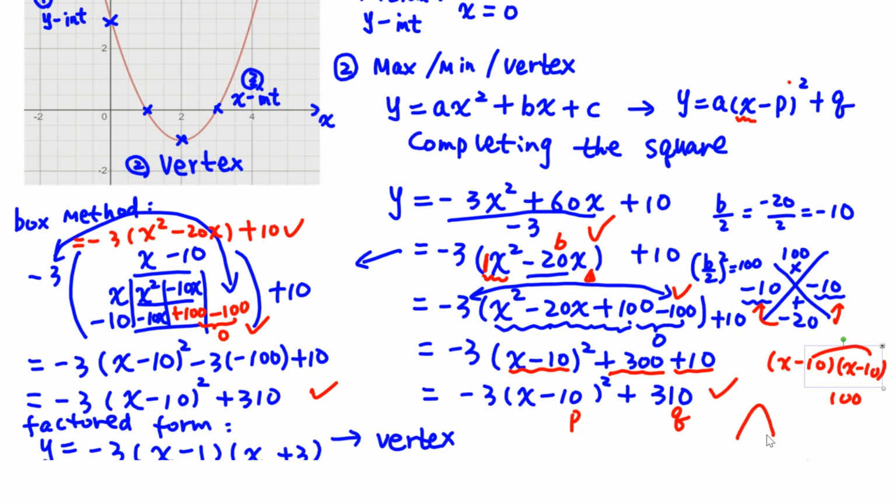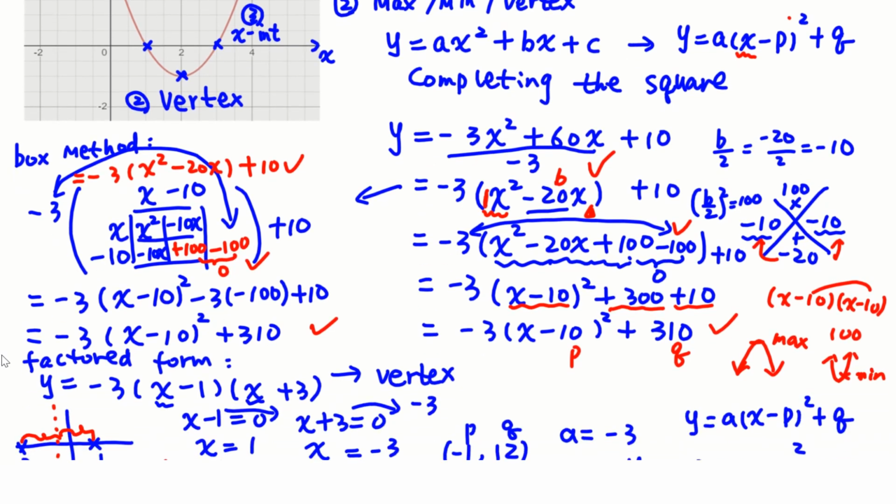If it opens down with a = -3, then you have a maximum value there. If it opens up, then the turning point gives you the minimum value of y. And this is the traditional method. Also, you could use a box method. Half b, put here, then factor it, add half b squared minus half b squared, make it equal 0, then go from there.